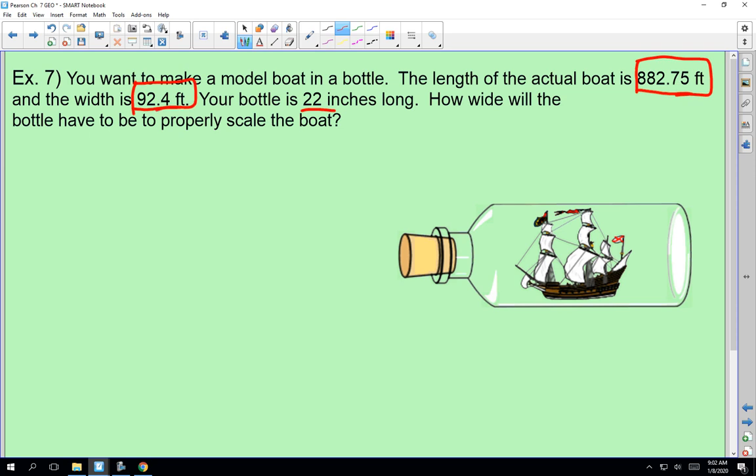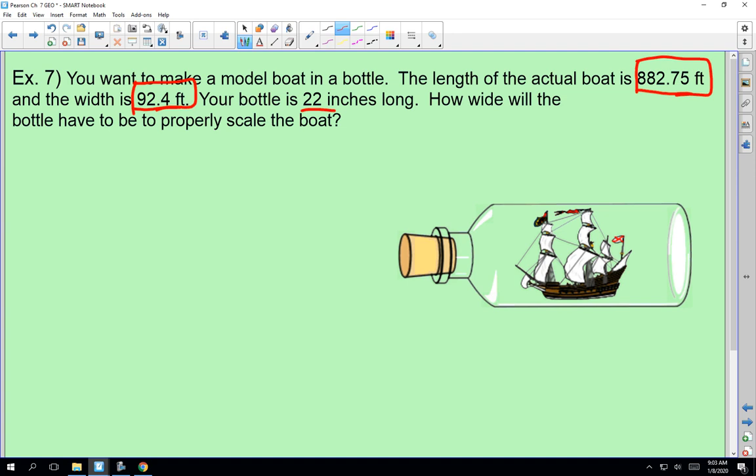There's the actual. And then what I underlined here is the scale model. And don't look at this, we're just trying to be fun with the picture here. We're going to fill the whole bottle, and it's going to go the whole width of the bottle too for this to work. So it's just fitting in there, just snug. The 22 inches long is the scale model portion that goes with the 882.75.